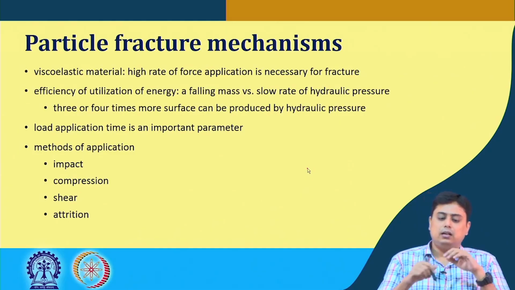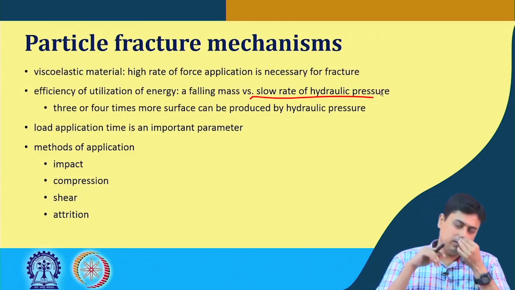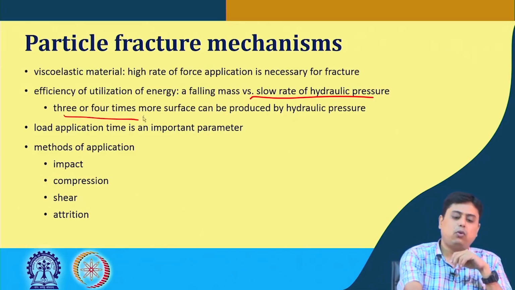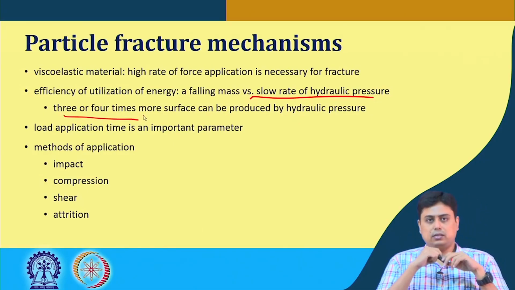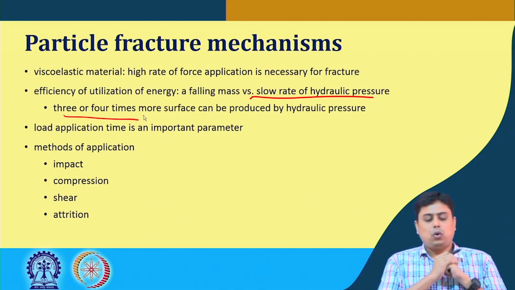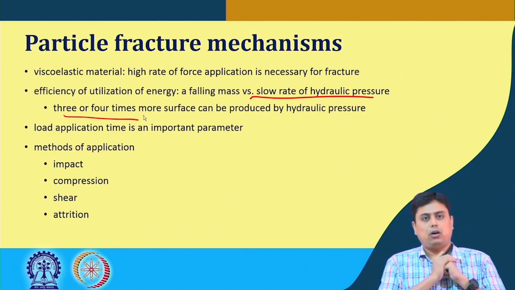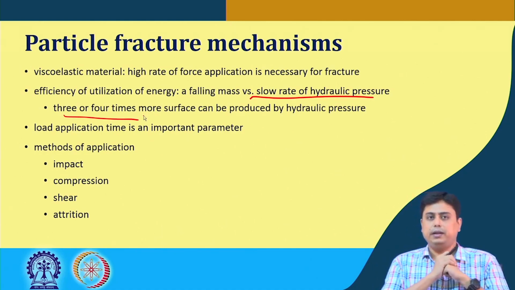It is the latter one, that is the slow rate of hydraulic pressure. It can create even 3 to 4 times more surface, which could be produced by a single fall of a mass on that object. So, this is the efficient utilization of energy that is being supplied.